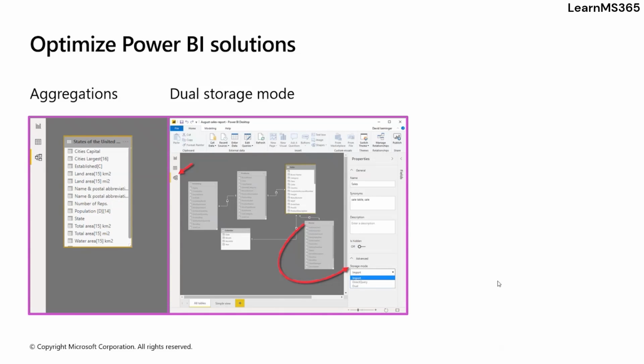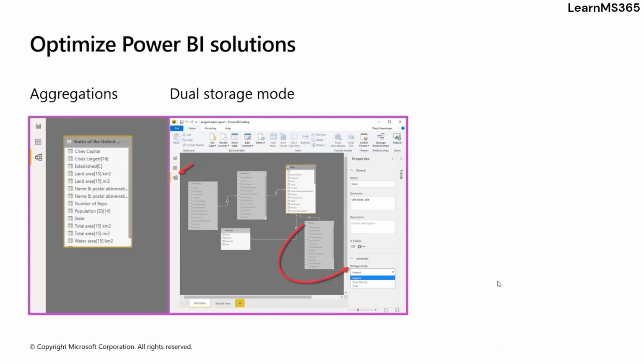And if you set it to dual, tables with this setting can act as either cached or not cached, depending on the context of the query that's submitted to the Power BI dataset. In some cases, you fulfill queries from cached data.